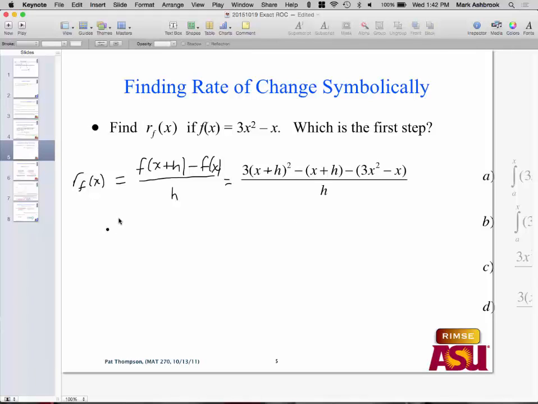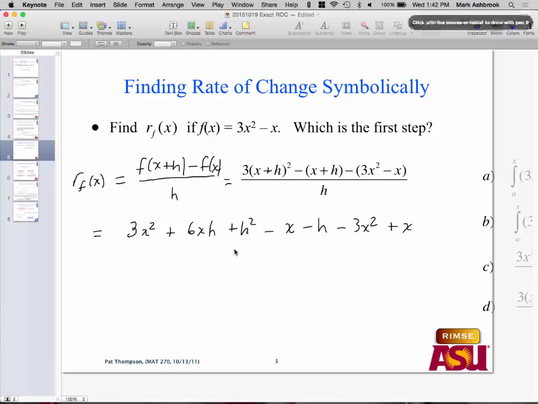And then we do the math, right? So that's the whole numerator all expanded out, multiplied out. Agree with that? Did I make a mistake? 3h squared.